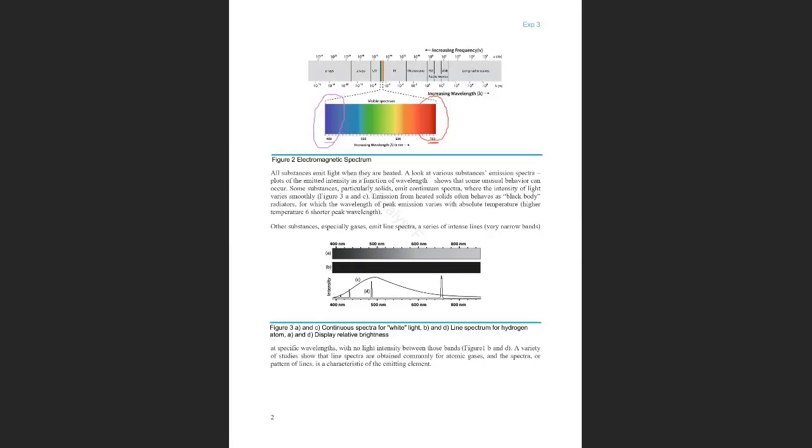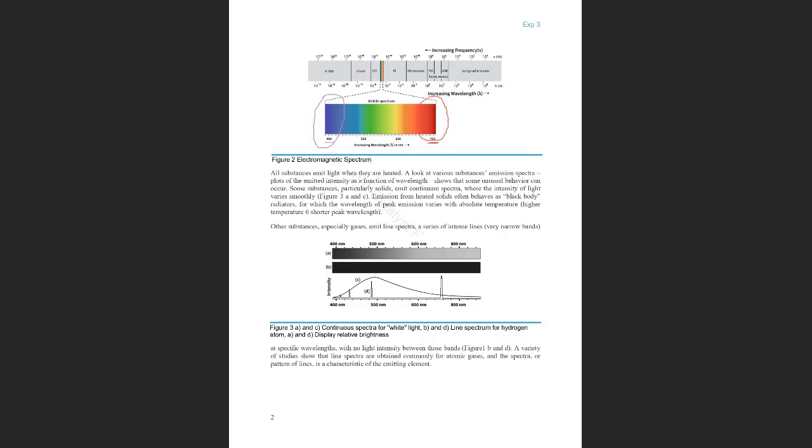When a substance absorbs some colors and reflects others, it appears colored. For example, a red shirt appears red because it reflects mostly red light, while absorbing all the other colors.